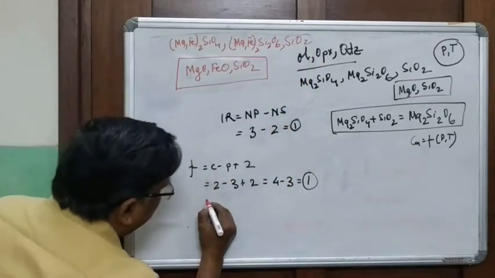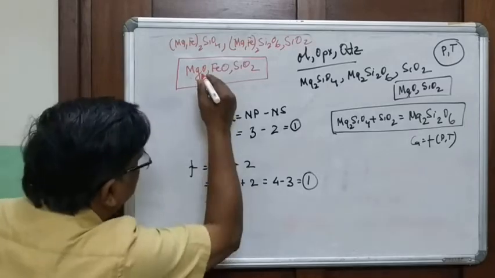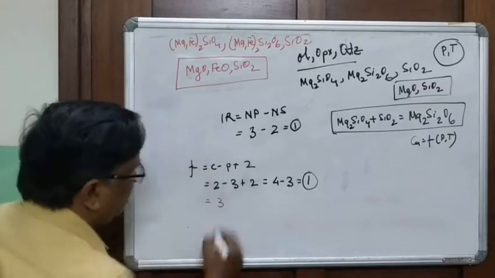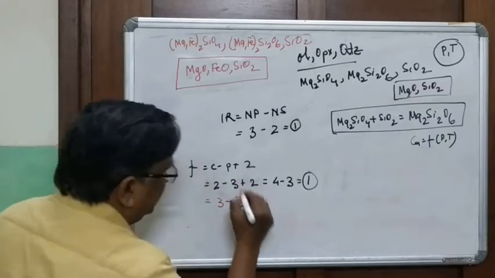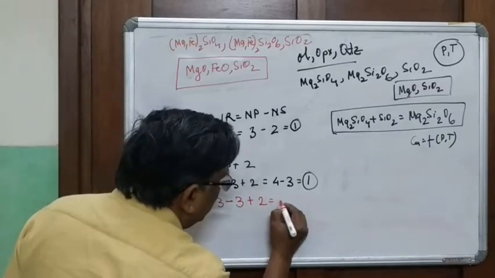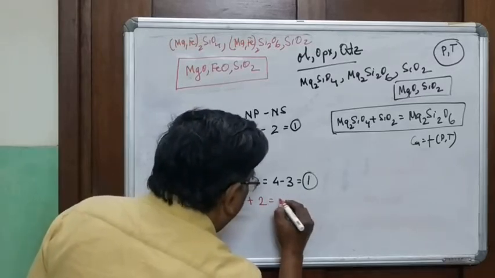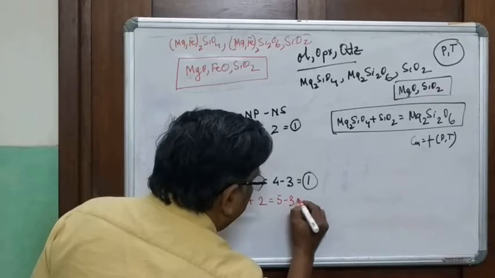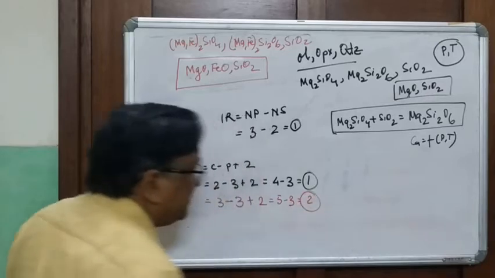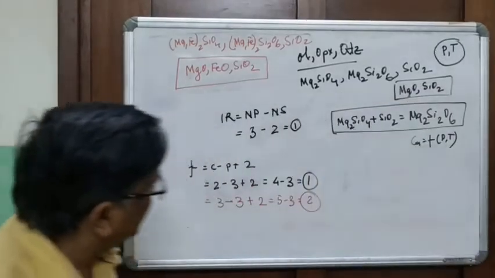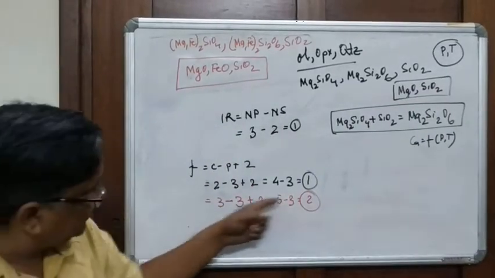So once again, the components now become 3, minus 3 plus 2. So it will be 5 minus 3, and this will be equal to 2. So the Gibbs phase rule says it's a bivariate system.